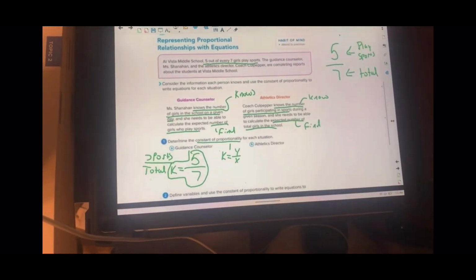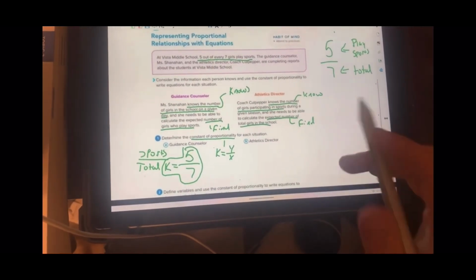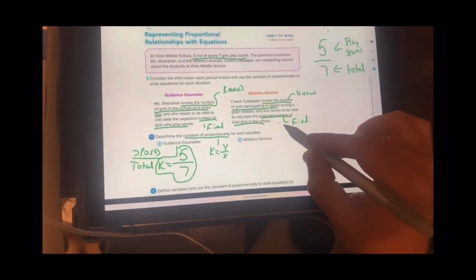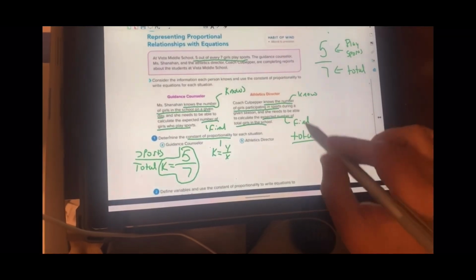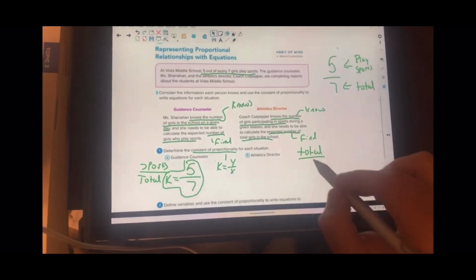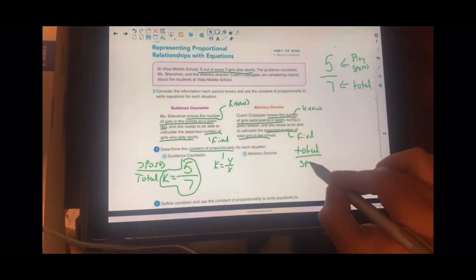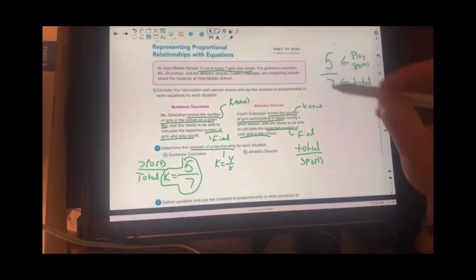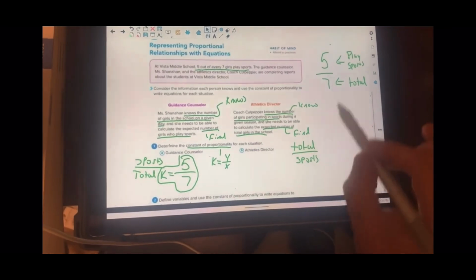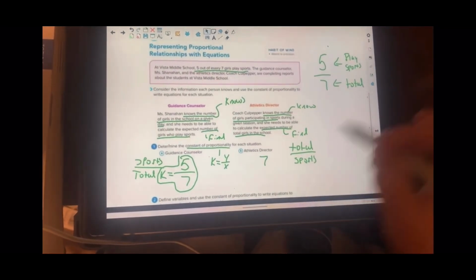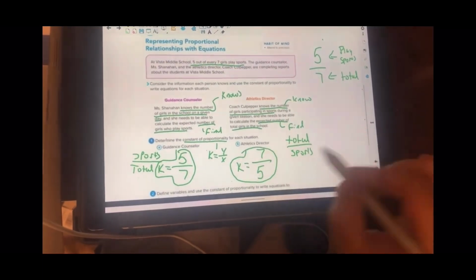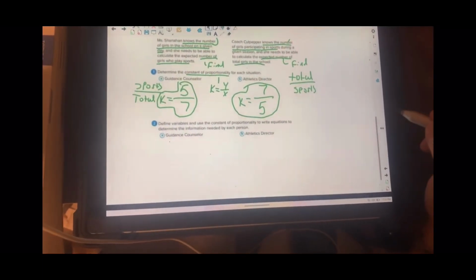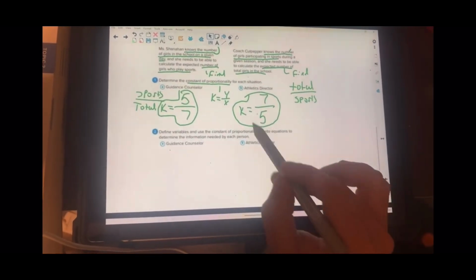If we go find over given, find over what I know, she wants to find the total girls in the school, so total over what she knows, which is the girls that play sports. Now I just have to use these numbers that were given to me and put them in the right order. The total number of girls is represented by the 7. The girls that play sports is represented by the 5. So the athletic director's constant is 7 over 5. Meaning for every 7 girls in school, 5 of them play sports.